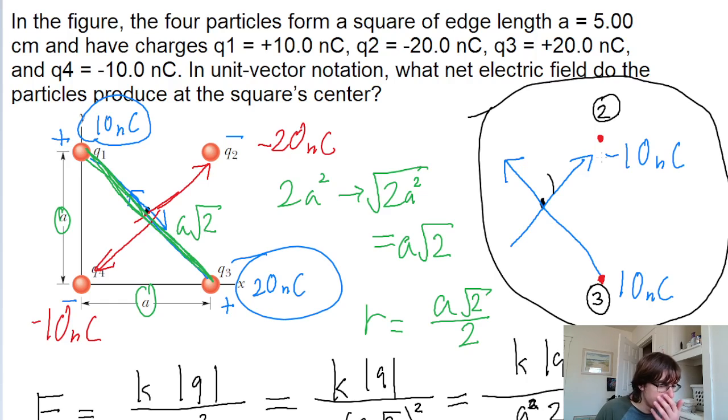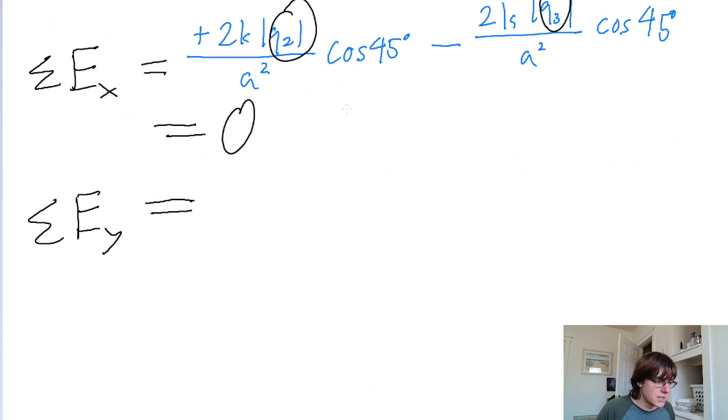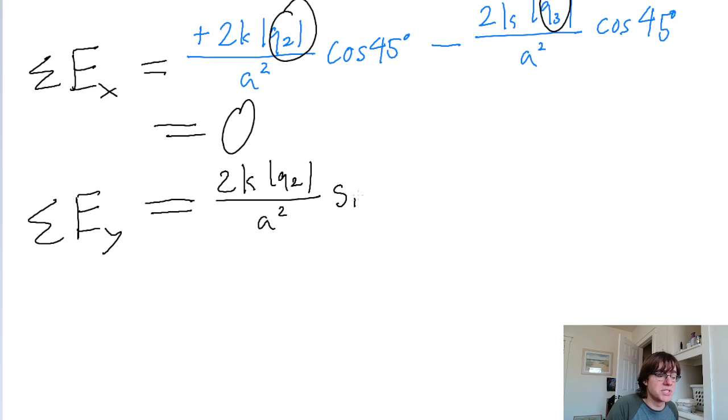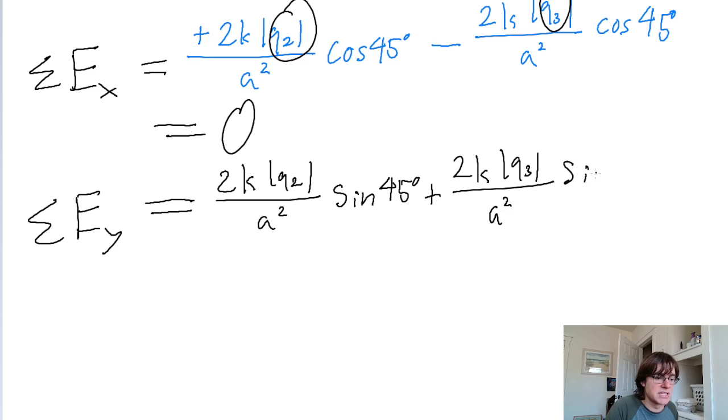From charge 2, it's pointing upwards, so it's going to be 2k q2 divided by a squared multiplied by, and this time we're looking at the y component, so we're using the sine of 45 degrees, plus the contribution from charge 3, so 2k q3 divided by a squared times the sine of 45 degrees.